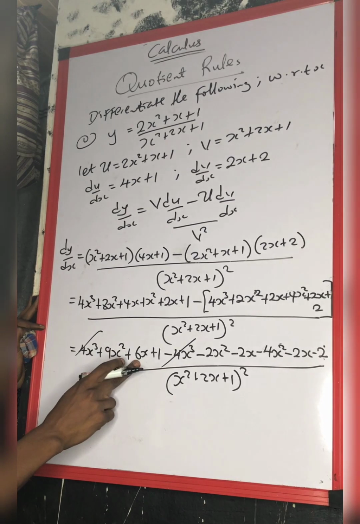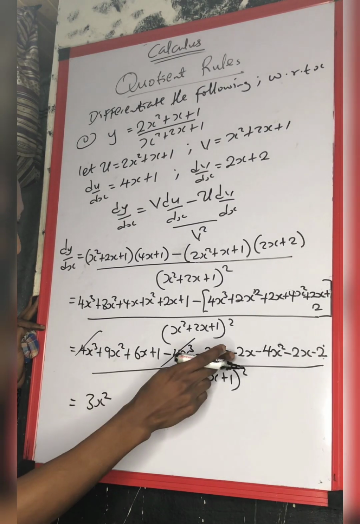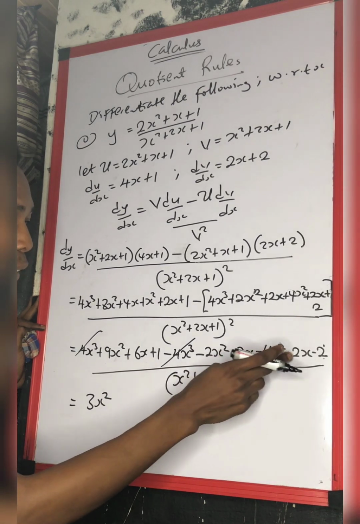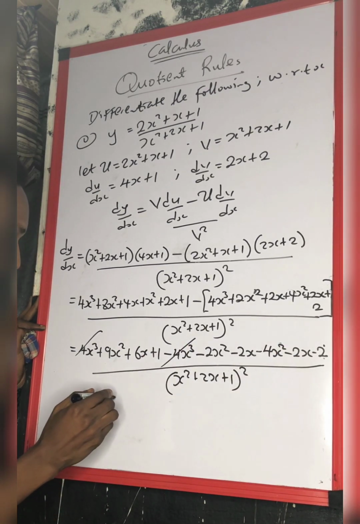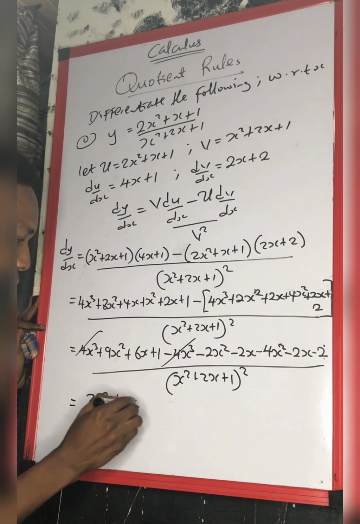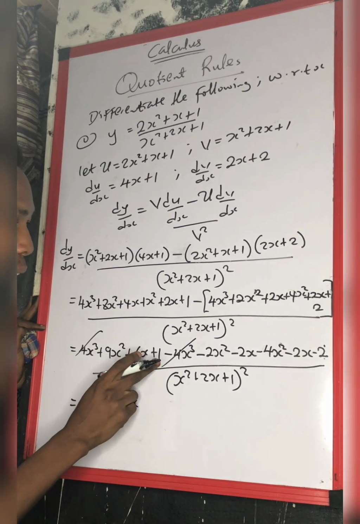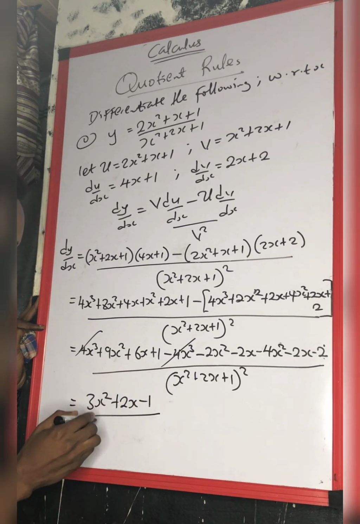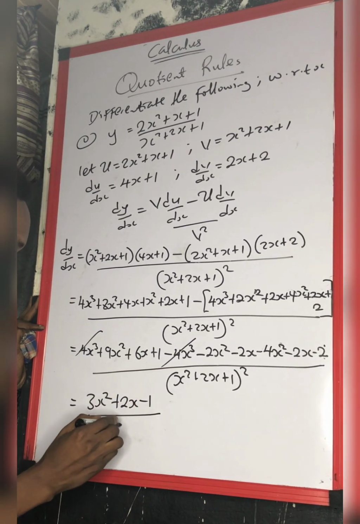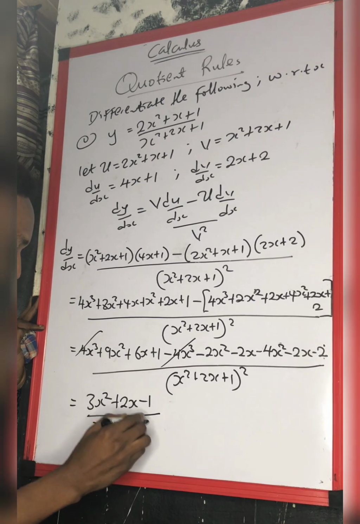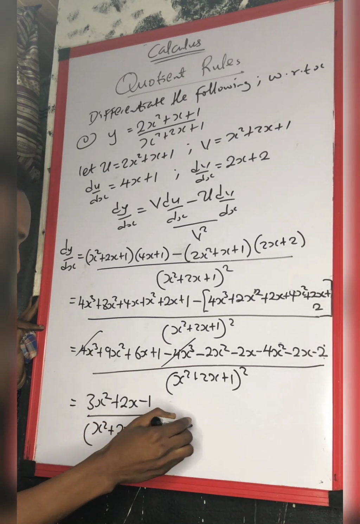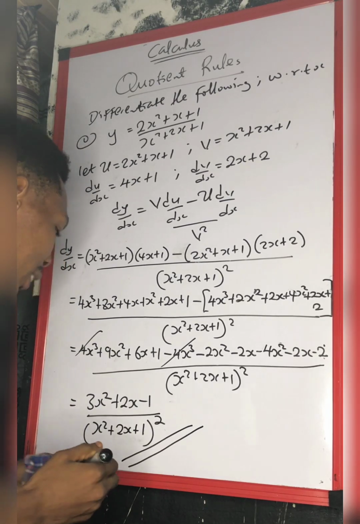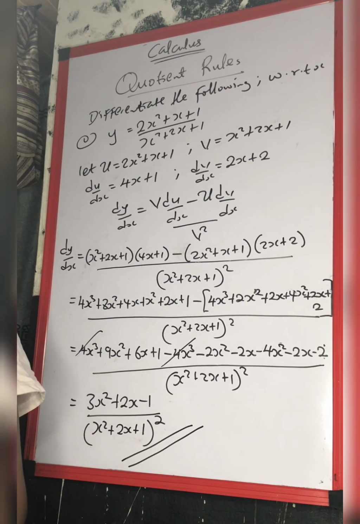Now move to x. 6x minus 2x gives us 4x. 4x minus 2x gives us plus 2x. So we have 1. 1 minus 2 gives us minus 1. Then all over x squared plus 2x plus 1 all squared. So that's our final answer. Alright, so let's move to the next one.